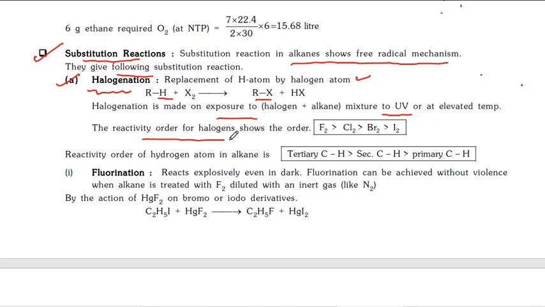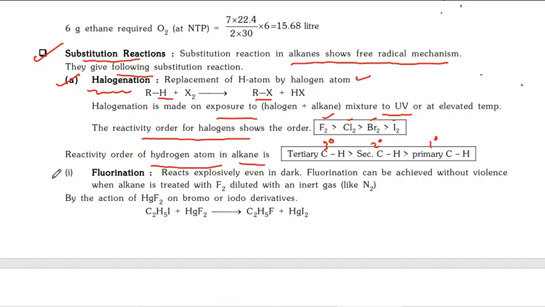The reactivity order for halogens is: fluorine is highly reactive, then chlorine, then bromine, then iodine. So the reactivity decreases down the group. As well, the reactivity order of hydrogen atoms in an alkane is that the tertiary hydrogen is highly reactive, then the secondary, then the primary.